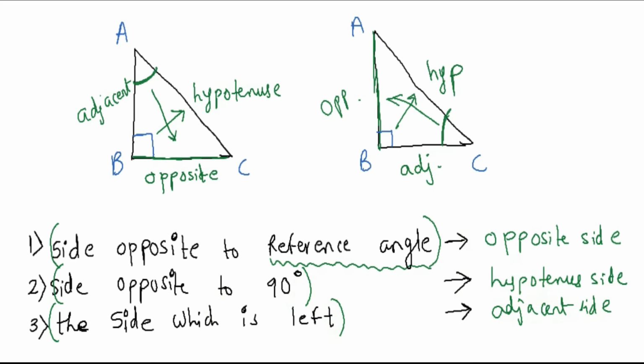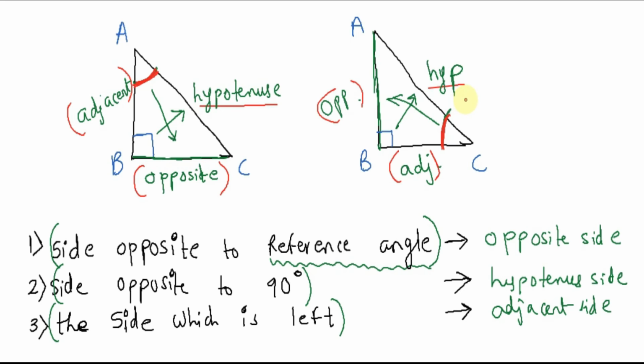And if we change the reference angle from angle A to angle C, then the adjacent side of angle A becomes the opposite side of angle C, and the opposite side of angle A becomes the adjacent side of angle C. But the hypotenuse always remains the same in a given triangle. So the opposite side and adjacent side will completely depend on the reference angle.